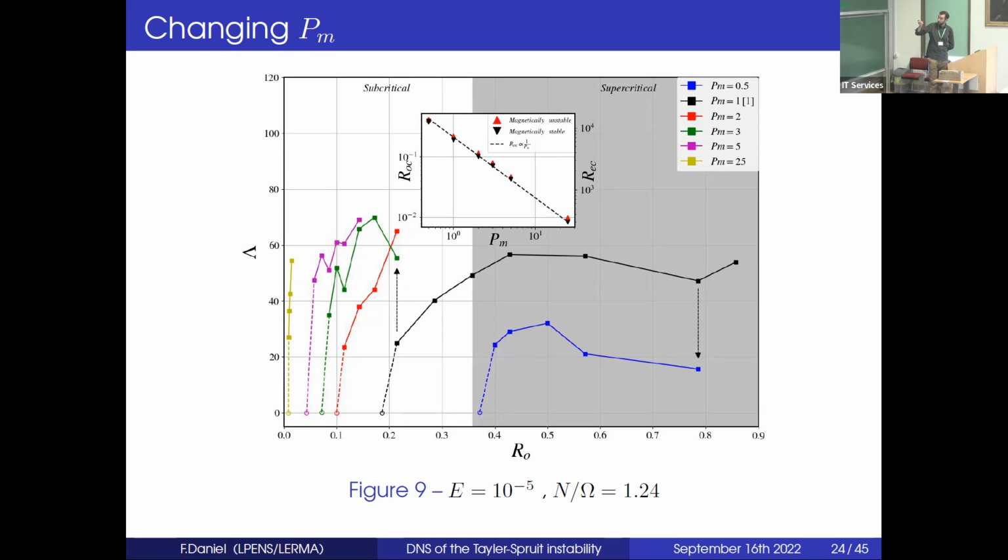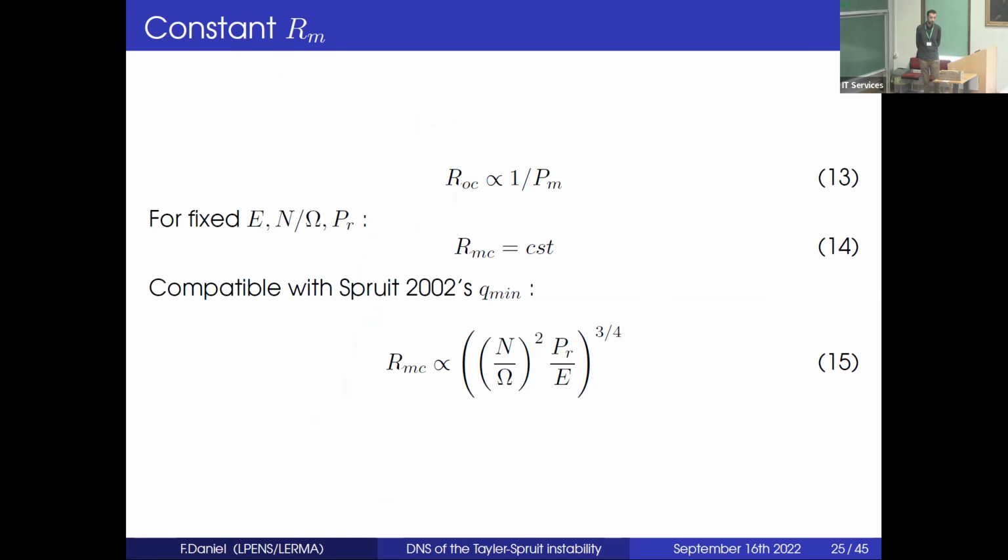But for this curve here, as I said, what seems to fit the data best is that we're dealing with a critical Rayleigh number which is proportional to the inverse of Pm. In other words, having fixed the global rotation and the stratification, we have here a critical magnetic Reynolds number. And it's an interesting result because regarding Spruit's picture, this is actually compatible with what he predicted.